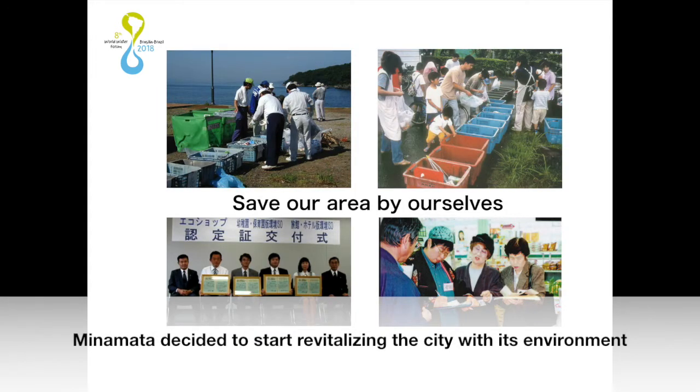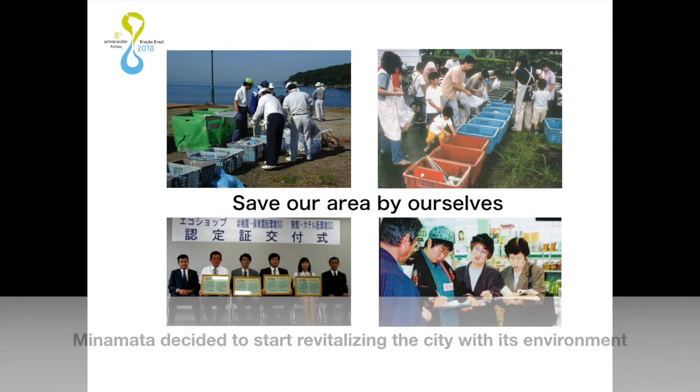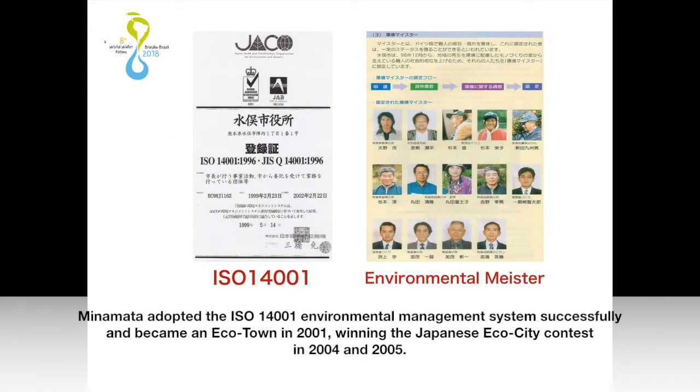Minamata decided to start revitalizing the city with its environment. Minamata adopted the ISO 14001 environmental management system successfully and became an eco-town in 2001, winning the Japanese Eco-City contest in 2004 and 2005.